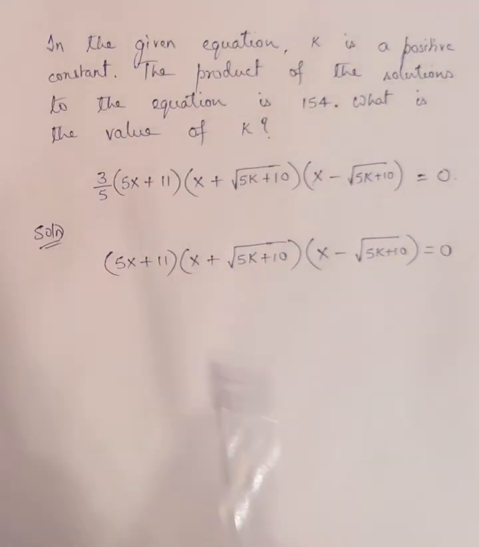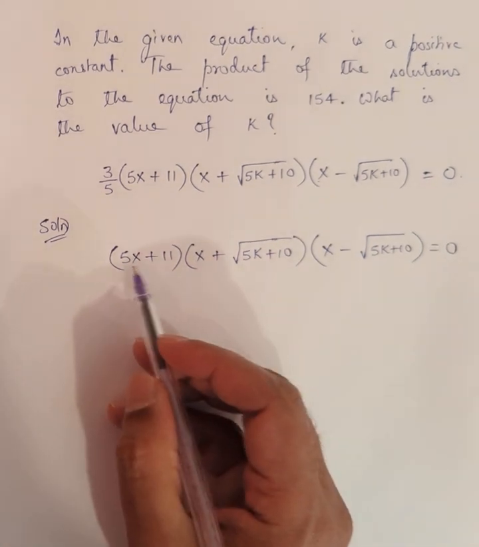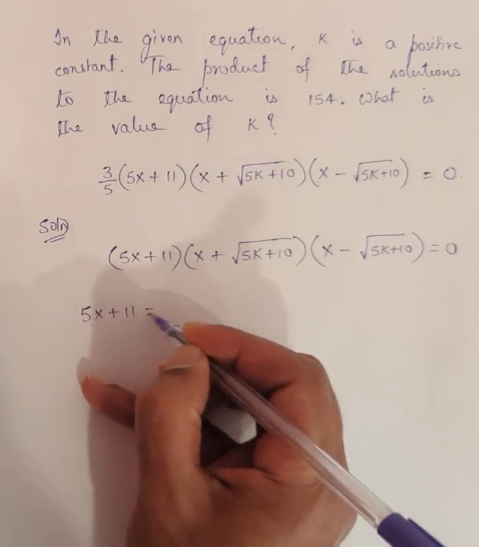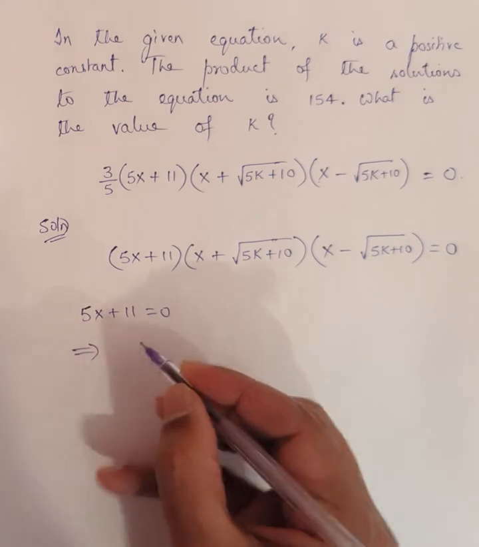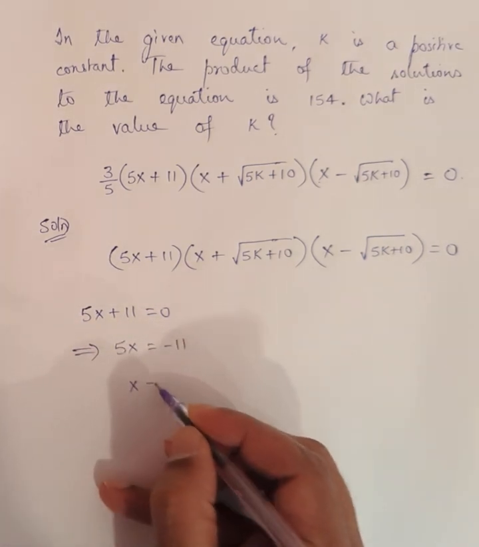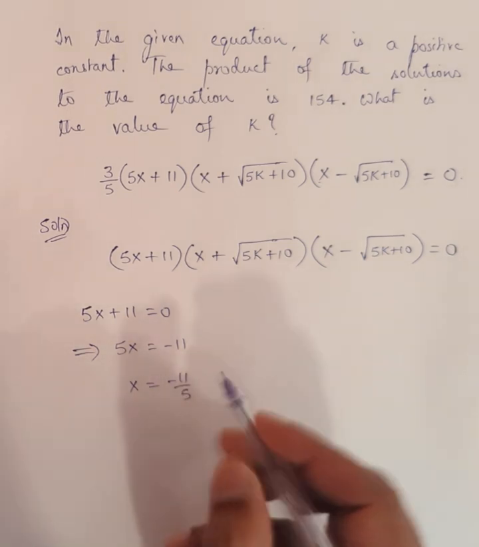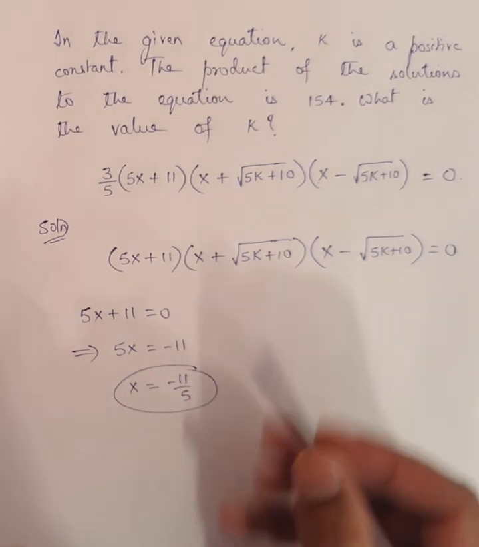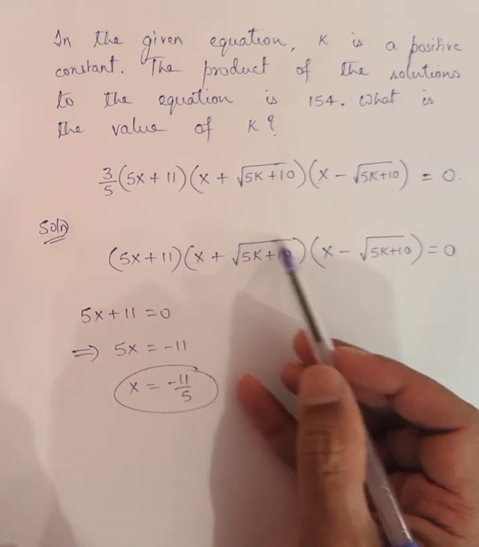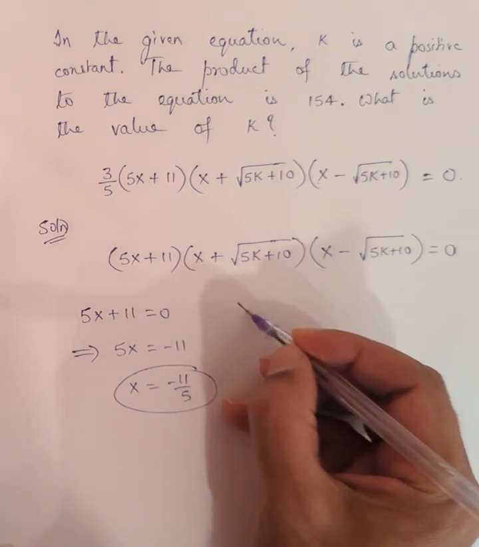So having said that, now what we have are 3 factors. So let's go ahead and get the solutions for each of those factors. If I set 5x plus 11 equal to 0, then I have to subtract 11 from both sides, and then I get negative 11/5 as one solution. Now notice that if k is a number, all of this is going to be just another number.